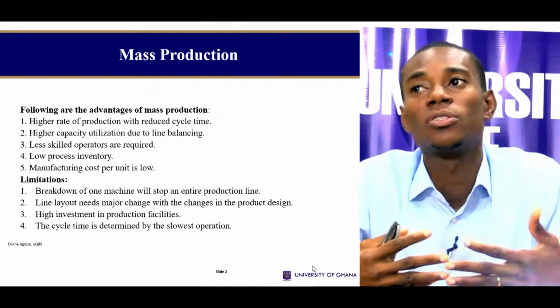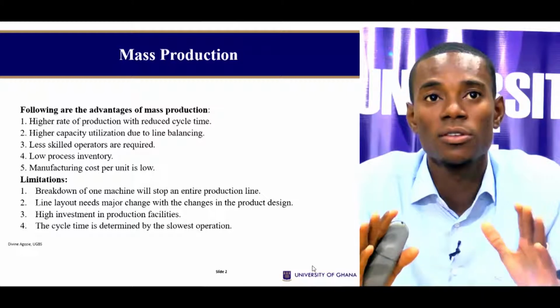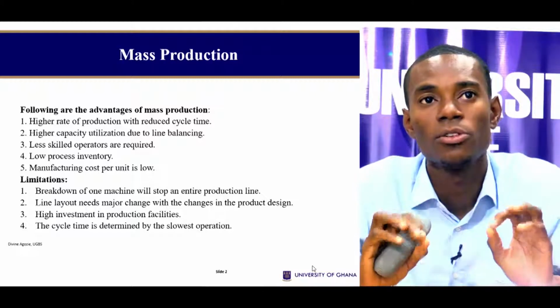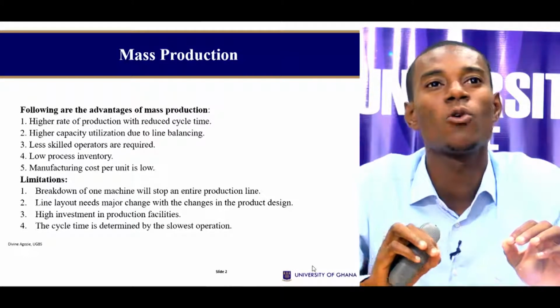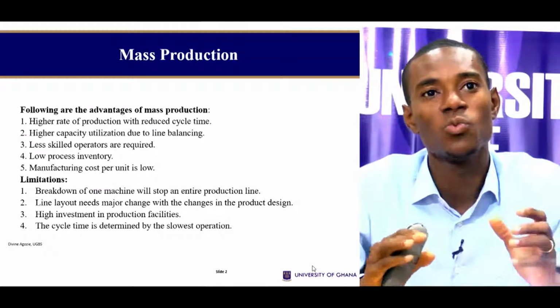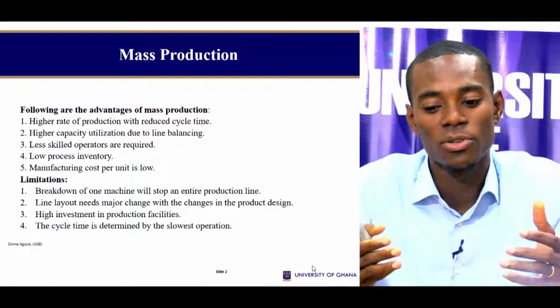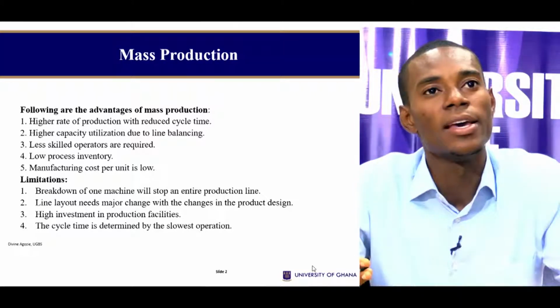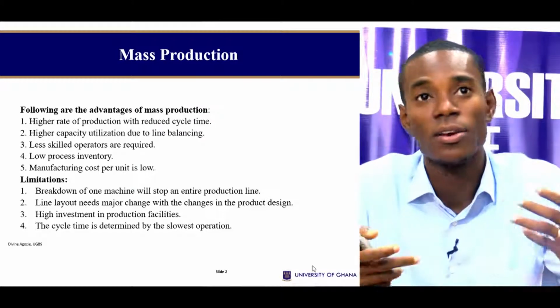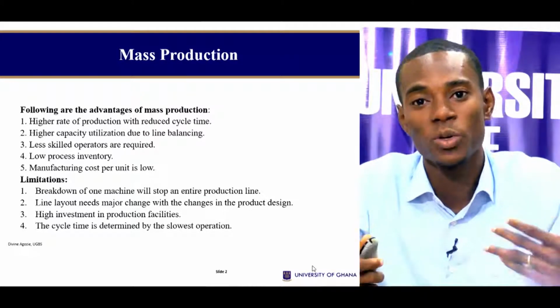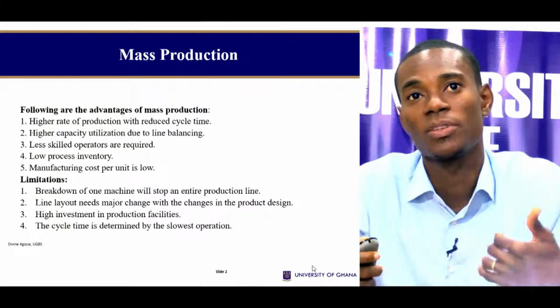Now, there's also low process inventory. This is critical. There is low process inventory in the sense that you cannot afford to have some waiting or some bottlenecks in the system. The system must flow, because we balance the line and each workstation must have the same amount of time in production.